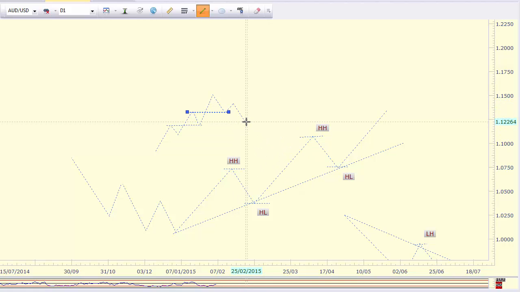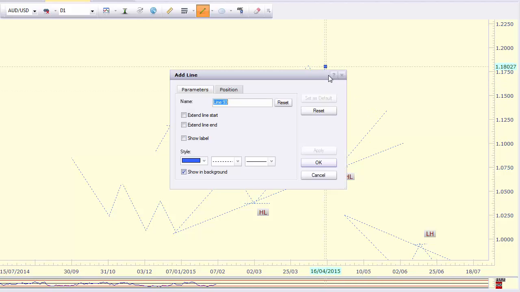Okay, so there we have a zigzag ABC correction before the market starts to make the next set of sequences. Now, what we're really trying to do here, guys, and the reason why I show you this, is because these little fluctuations, as well as the bigger picture moves, are all creating key levels of support and resistance on the way up.